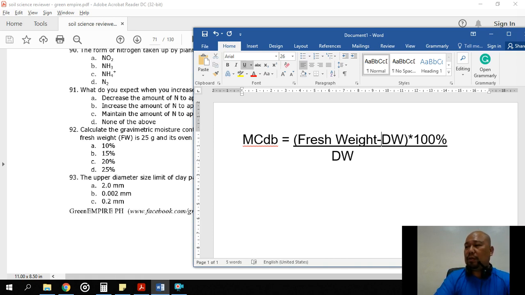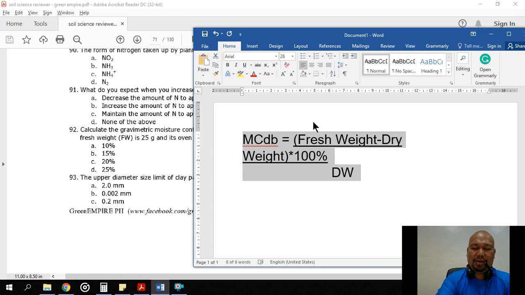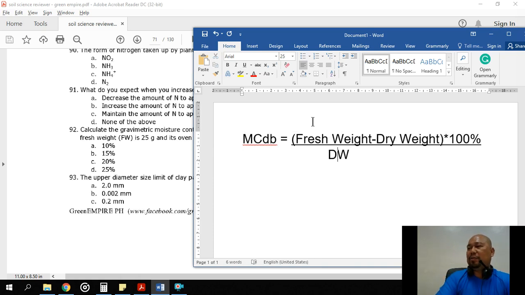Dry weight, fresh weight, dry weight. Okay, much better. Can you see it, Sir? Okay, it's not there.